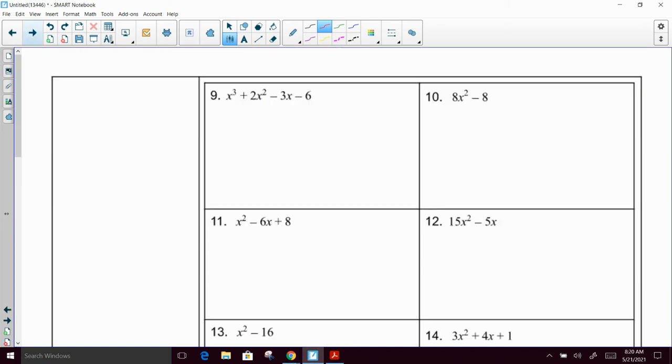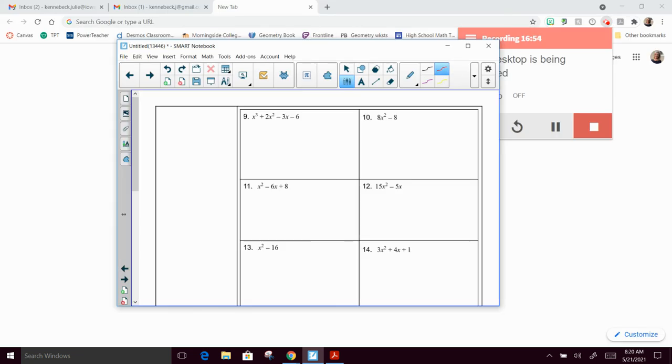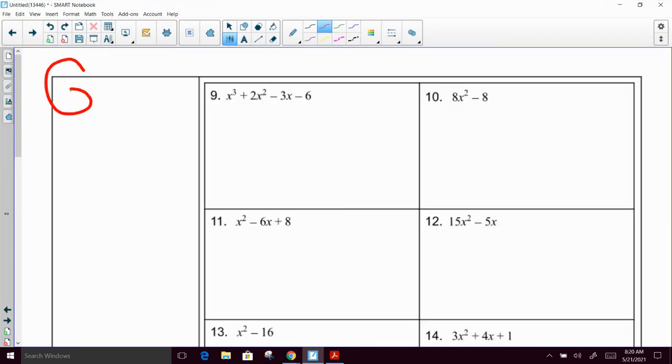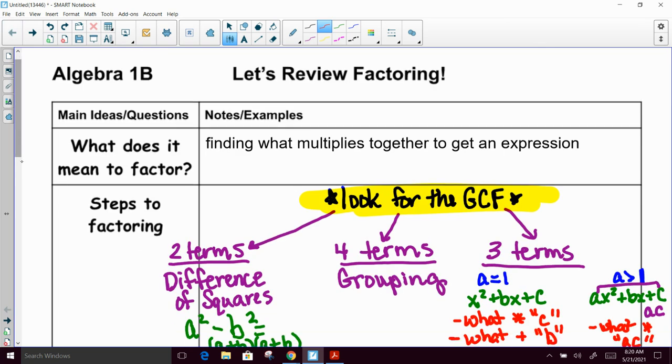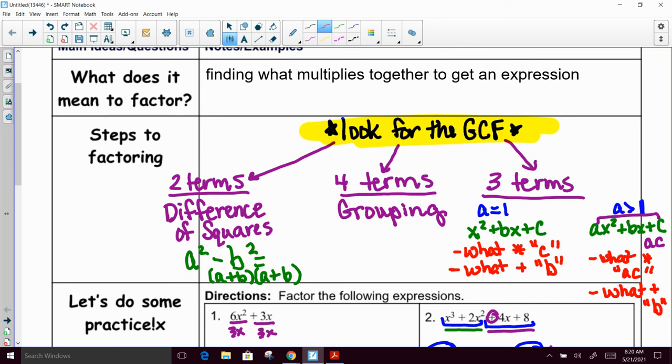All right, your assignment is to do 9 through 20 on this page. Okay, look back at that chart. Remember GCF first. GCF first. Maybe make a reminder for yourself written up here. And then 2 terms, 3 terms, or 4 terms. Use that chart that we made on this particular page to help you out.